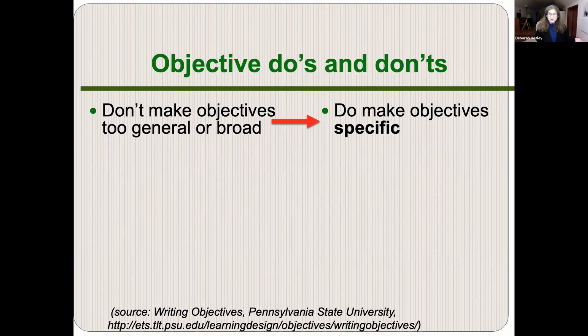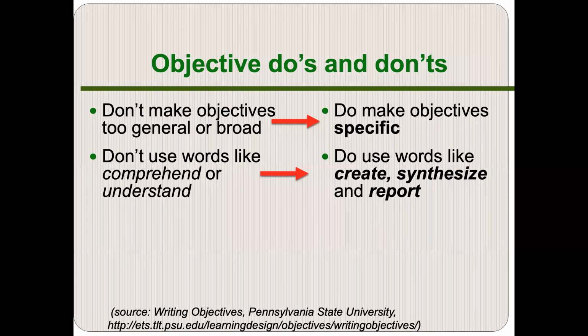So a brief recap on do's and don'ts with objectives. You don't make them too general or too broad. You make them specific. You don't use words like comprehend, know, understand, learn. You can't see them. You use action words, create, synthesize, report, things that you can see them do.